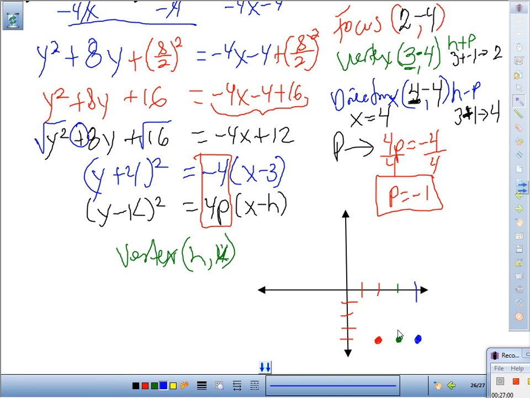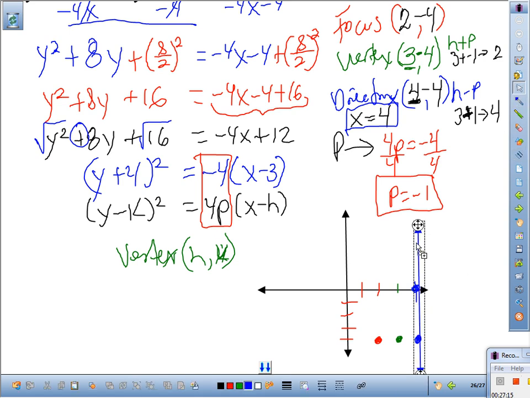Do they all align? Yes. But which point is the line going to cross? X equals 4, which is here. So I have my directrix line going through those 2 points. Have you got that? All right.